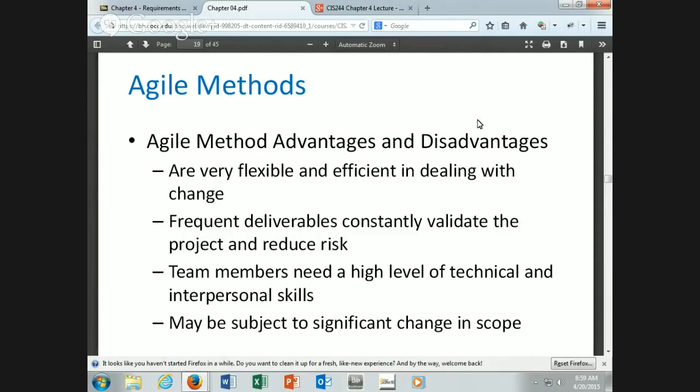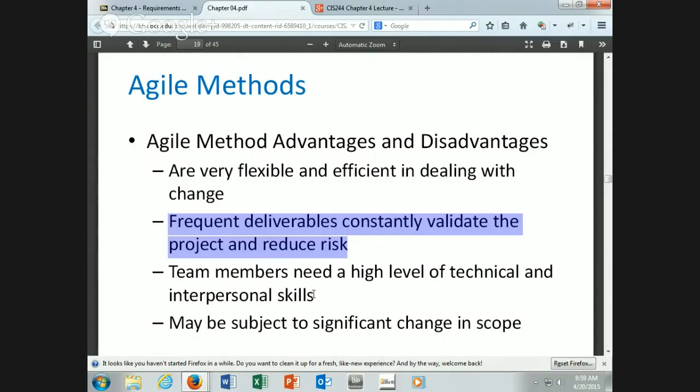So advantages and disadvantages. Very flexible, efficient in dealing with change. Deliverables constantly validate the project and reduce risk. So here's that thing where we're breaking it up. We have to be at this point at this time. Team members need a high level of technical and interpersonal skills. Well, yes.